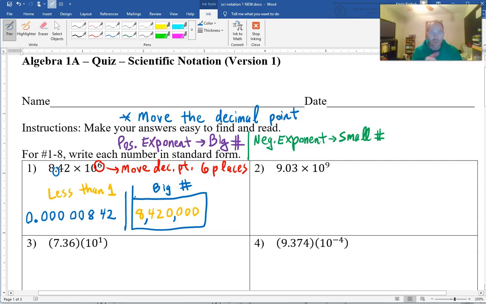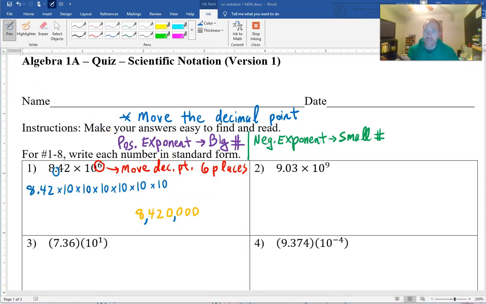I'll give you one other way real quick, and then the rest of the examples we'll try to move a little more quickly. How else might we remember that 8.42 times 10 to the 6 would be the 8 million something instead of the 0.0? Well, a positive exponent is repeated multiplication. If I write out 10 to the 6th in expanded form, every time I multiply by 10, the result gets bigger.